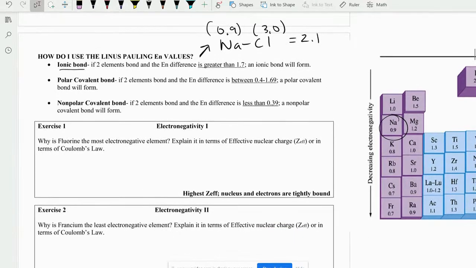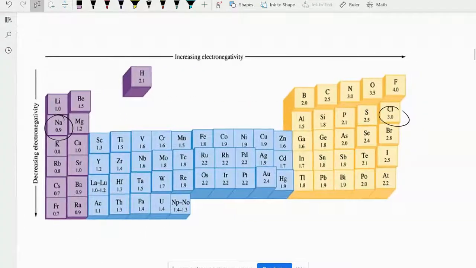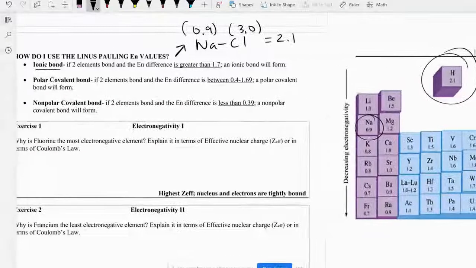Now, a polar covalent bond is when two elements bond and the electronegative difference is between 0.4 and 1.69. Let's go over to the periodic table. I always like to use water as an example of a highly polar molecule. Hydrogen's over here and oxygen's over here; I just circled them. Let's go back to our notes and write the example.